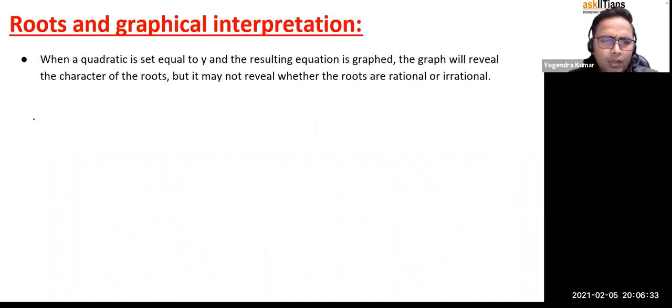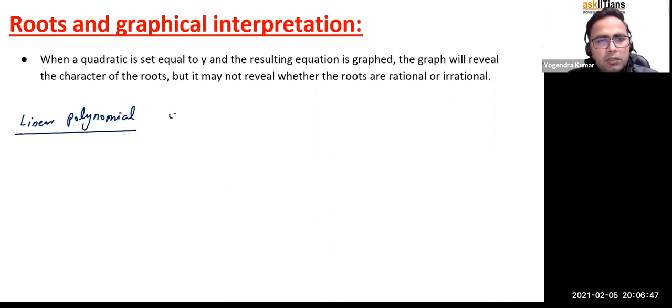I hope you have the idea about the linear one. A linear polynomial is, for example, 2x plus 1. This is an example I can take.